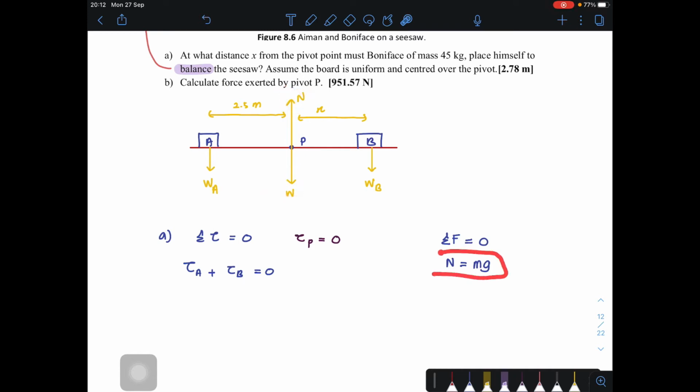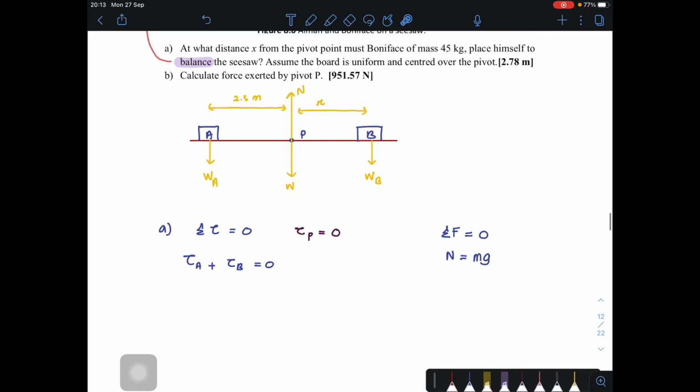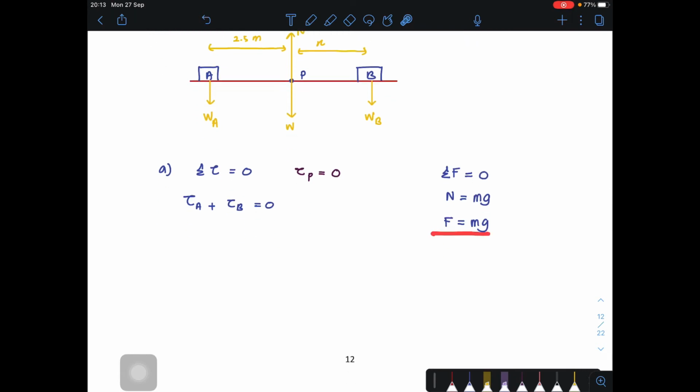So N is equal to mg, meaning that the force exerted on the board is equal to mg. So the force here is equal to mg, and the force here is also equal to mg. So these two are the information that we have now.